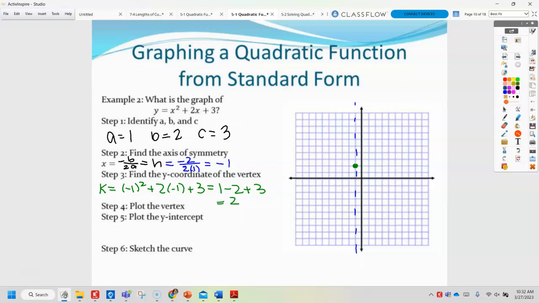So what we could do from here is create that same table. So x, y: 0, 1, 2, 3, 0, 1, 4, 9. Apply my h, which was negative 1.